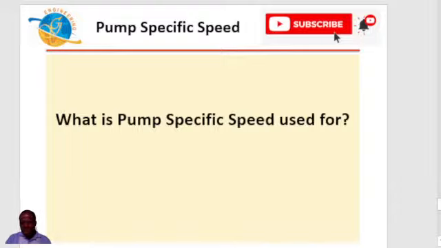Collins. API 610 is the international standard, the American Petroleum Institute standard governing the basic design of centrifugal pumps.